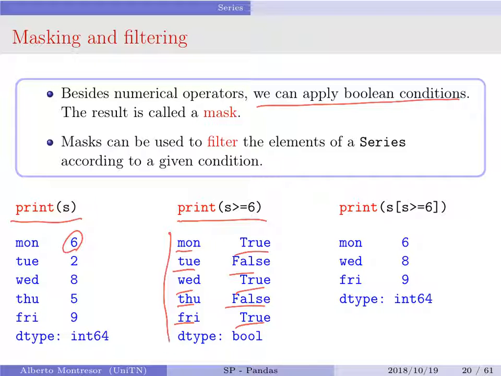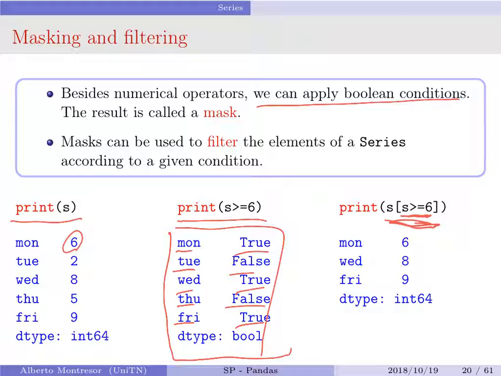What you obtain here, note the dtype is still a series. It's a series which instead of being associated with an integer is associated with a Boolean value, true or false. Then you can use that series to specify the filtering that you want to do on the original series. So how will you read this part, the third element here?